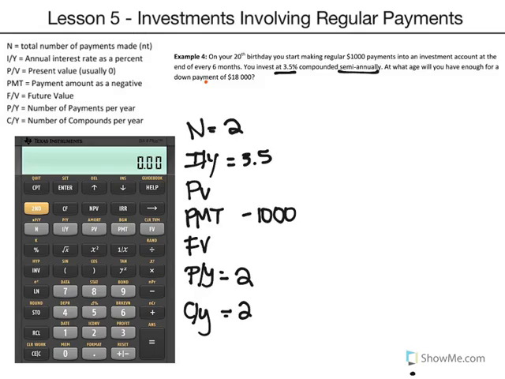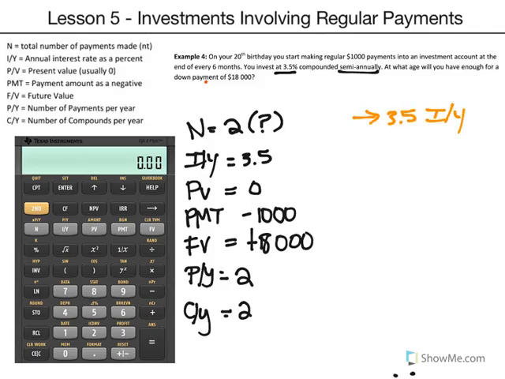So we don't know N, because this is unknown to us. So we know that our present value is 0, our future value is we want to make it to 18,000. I don't know why I wrote negative. So to figure this out, we're going to type this in first, our interest rate. So 3.5 IY. Then we will do our present value.